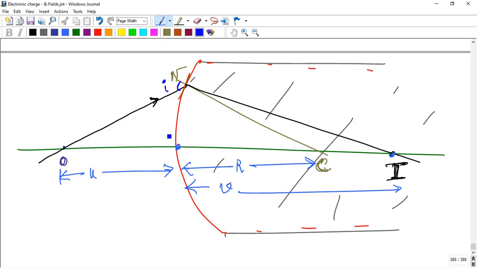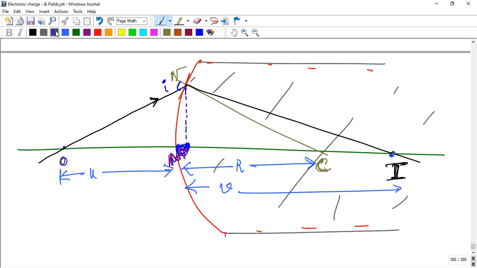Suppose this point I call M. And here you draw a perpendicular from N and ignore that distance, that is very small compared to the other lengths R, u, v. Sorry, this point be M here.